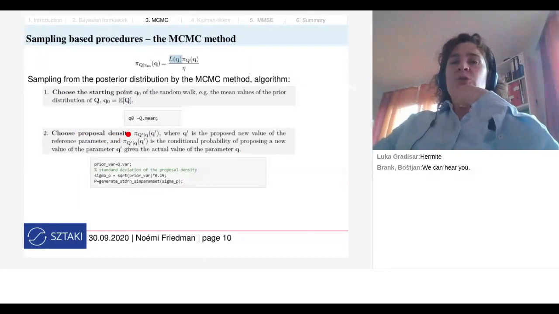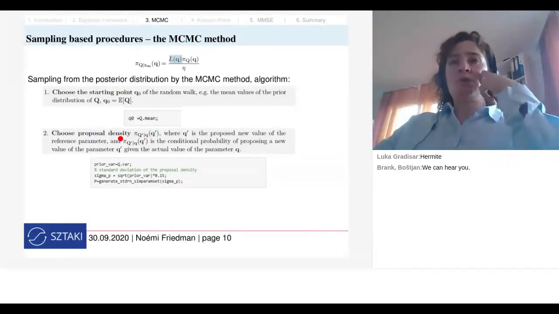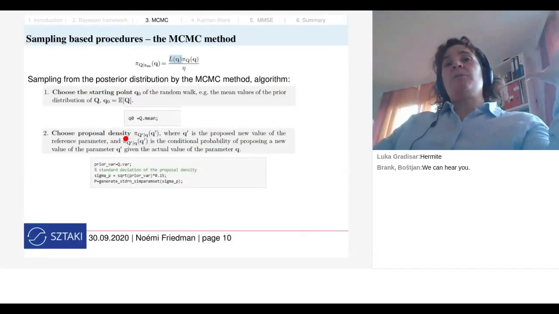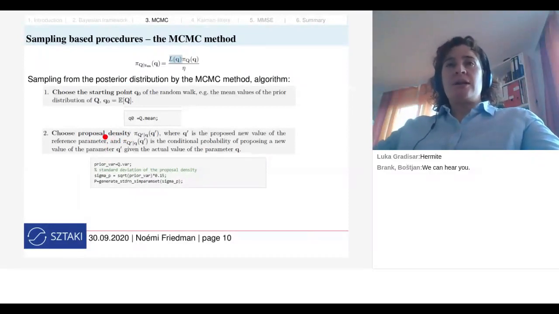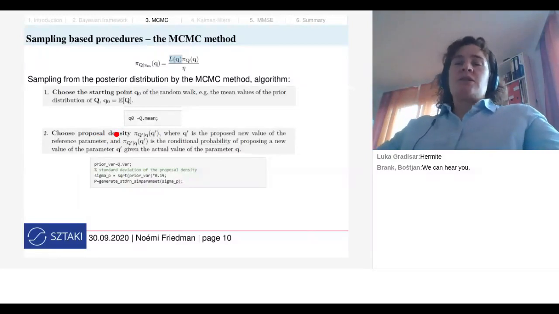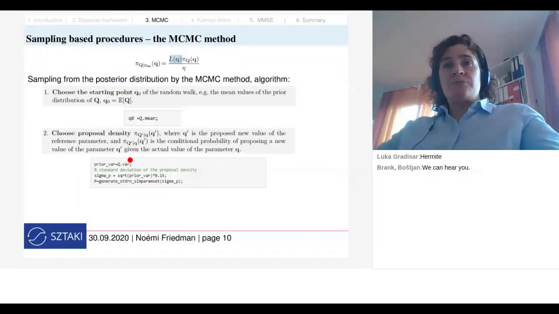Usually I choose this to be a Gaussian distribution, but there are many sophisticated ways to choose the proposal density. The ideal proposal density would be the posterior distribution itself, but of course I don't have access to the posterior density. There are also adaptive methods that sequentially change the proposal distribution. I'm not doing anything fancy now. I only choose this to be some Gaussian random variable with a given variance.